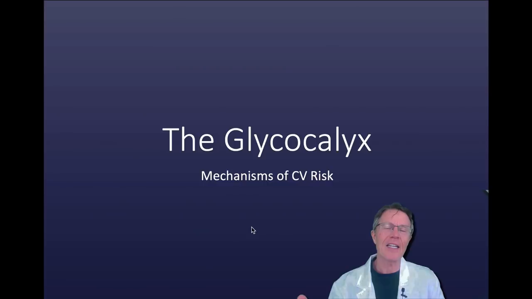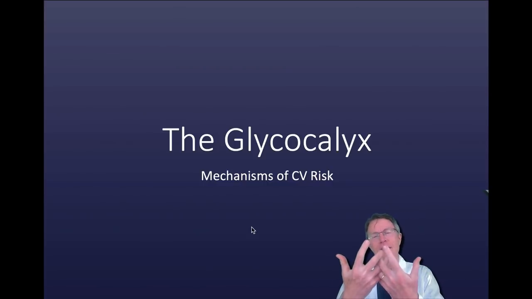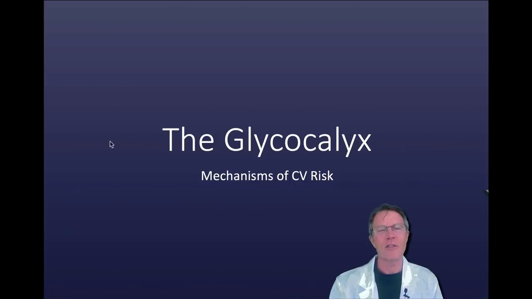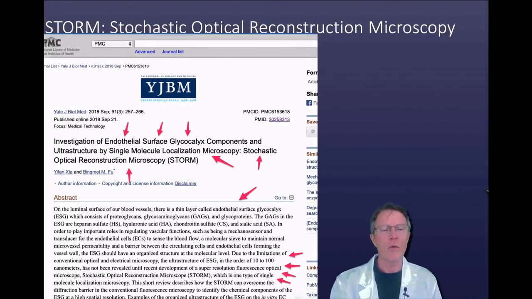What is glycocalyx? Let's break it down real quick. Glyco means sugar, calyx means a bunch of, sort of a fibrous structure like a sponge. So why is this important? Well, here's the short version.